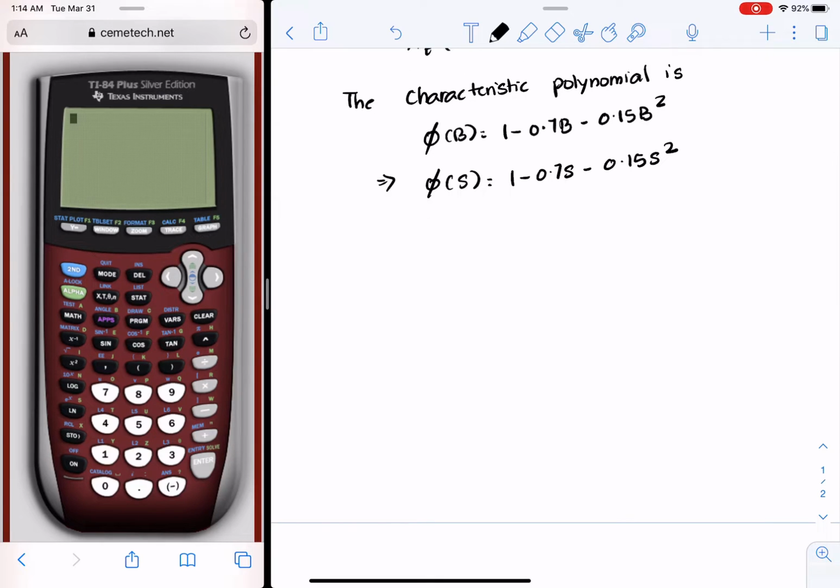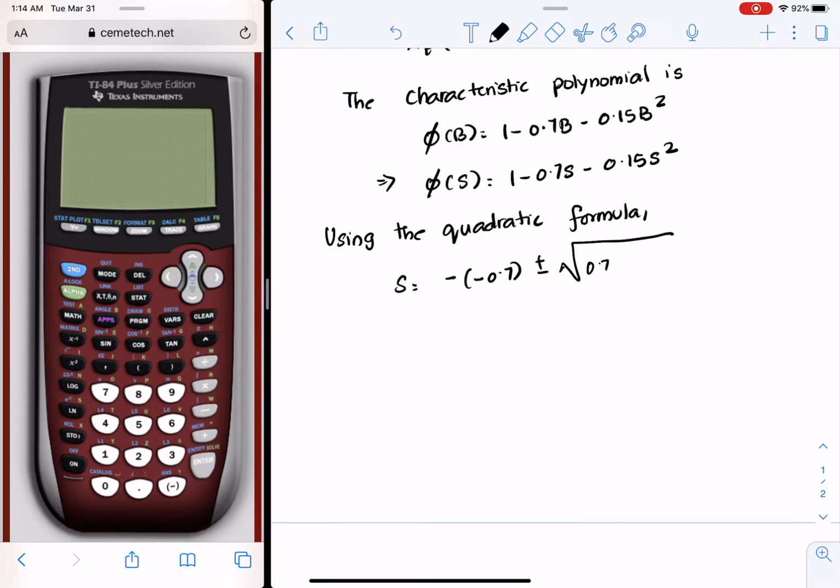So I want to find the roots of this characteristic polynomial, so using the quadratic formula, the roots are minus b plus or minus square root of b squared minus 4ac, divided by 2a.